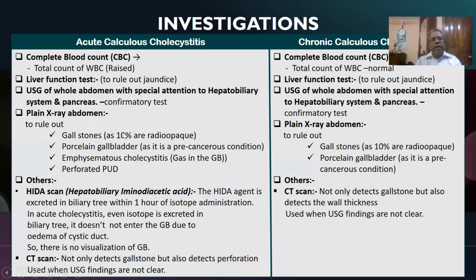But whenever you see gallstones on a plain X-ray, at that time you may have some confusion that the radiopaque shadow may be renal stones. For that evaluation, you need another X-ray, which is called the X-ray abdomen in a lateral view.